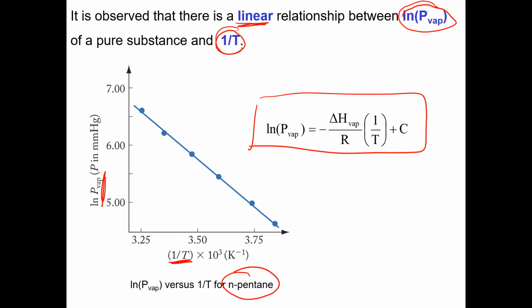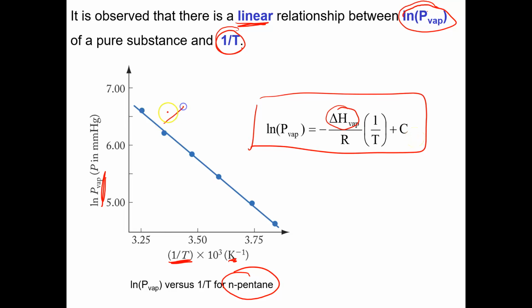Log of the vapor pressure is equal to the negative of the enthalpy of vaporization divided by the ideal gas constant multiplied by 1 on the temperature in Kelvin plus a constant.